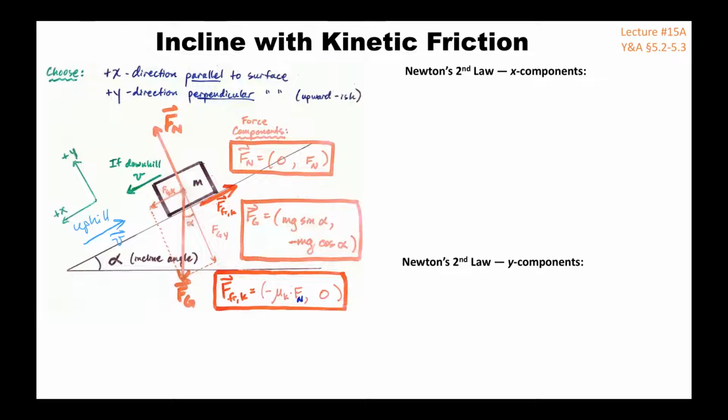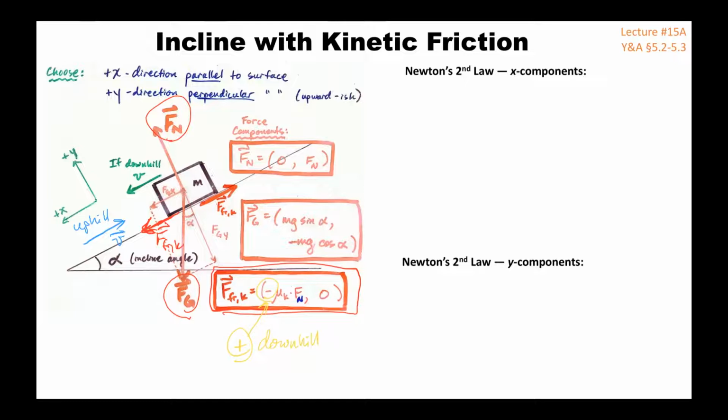In that case, the normal force would be unaffected, weight would be unaffected, but this kinetic friction force would now be in the downhill direction. So now, when we write the kinetic friction in its two components, the only difference is that the whole magnitude of the kinetic friction would simply be in the positive direction, which would be downhill.